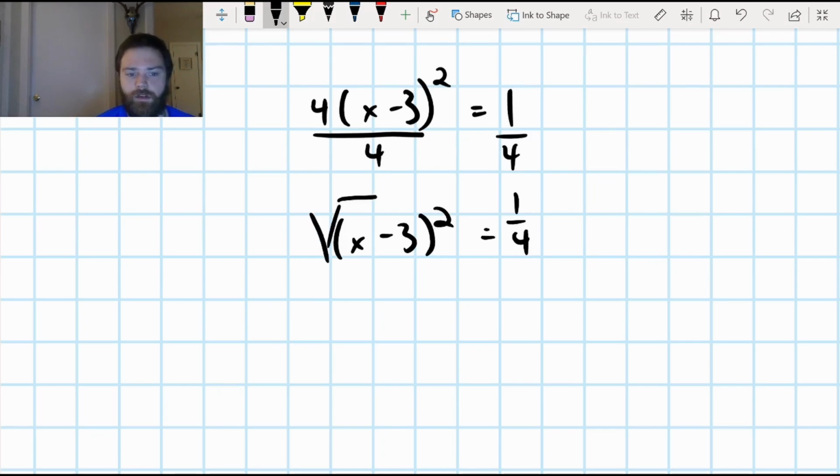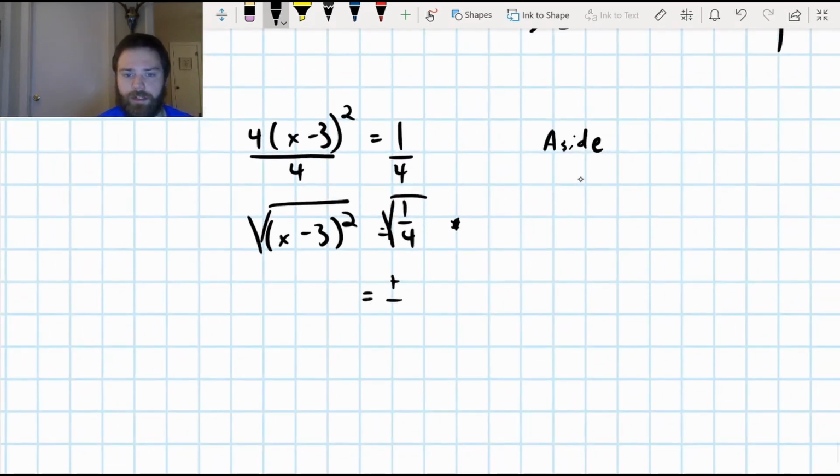So then I want to take the square root of both sides. Whenever you take a square root, make sure that you write a plus or minus over here. This is plus or minus the square root of 1/4. Whenever I square root a fraction, okay, so an aside, talk about what the square root of 1 over 4 is.